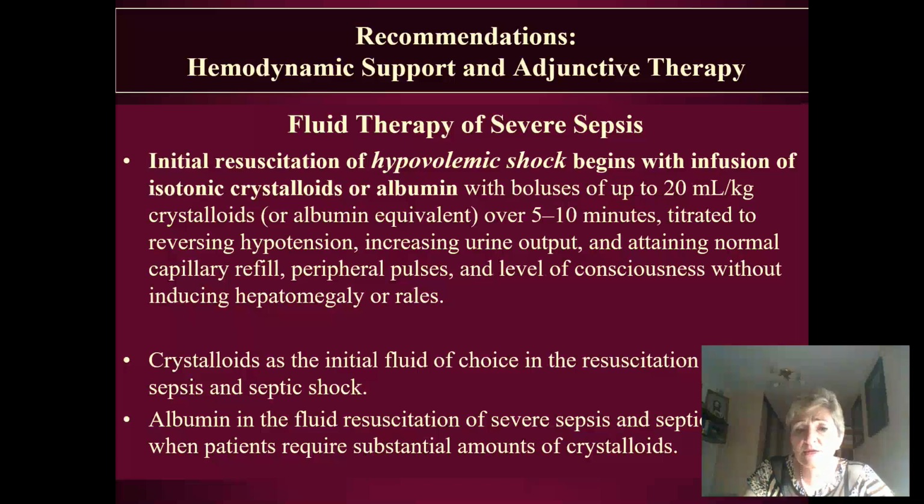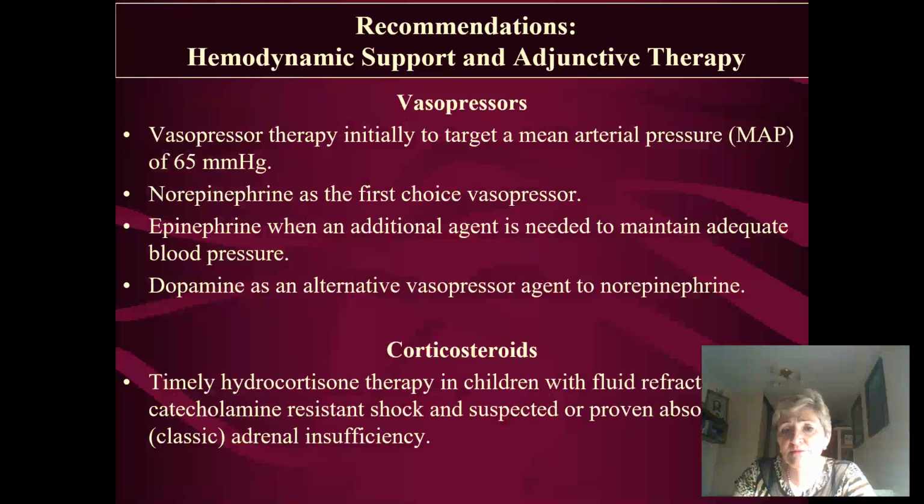Crystalloids are the initial fluid of choice in resuscitation of sepsis, severe sepsis and septic shock. And albumin is used in the fluid resuscitation of severe sepsis and septic shock when the patient requires sufficient amounts of crystalloids.